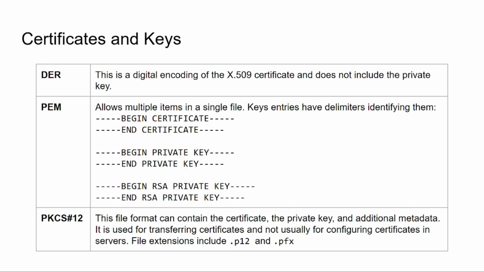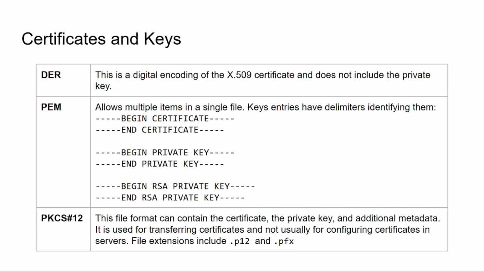This is because it is a digital representation of the certificate and the private key is not part of the certificate. Because the PEM file is just delimited text, as we saw earlier, talking about certificate bundles, you can put multiple PEM encoded items into a PEM file. So you can put the certificate in there, and then you can put the private key in there with it. So a PEM file frequently, or at least sometimes, contains the certificate and the private key bundled together.